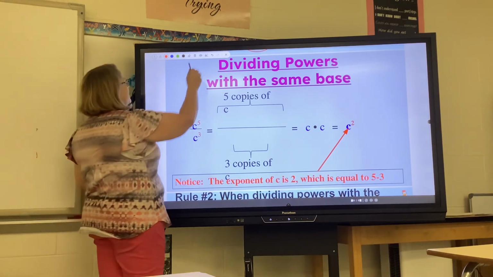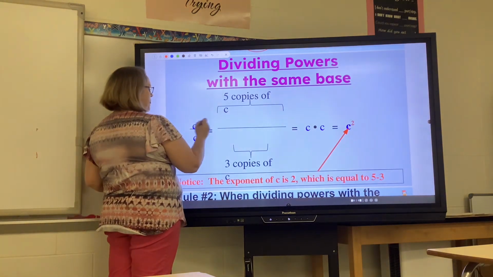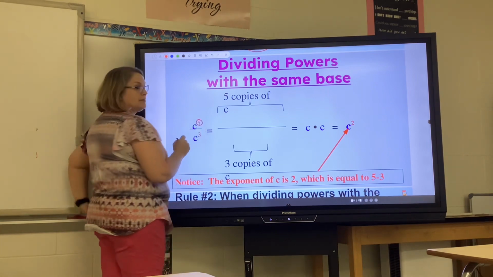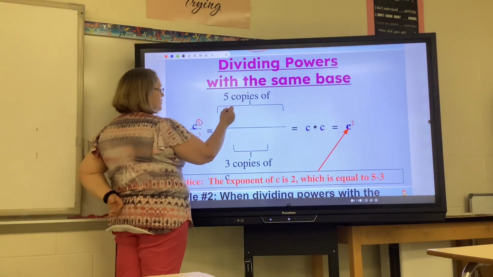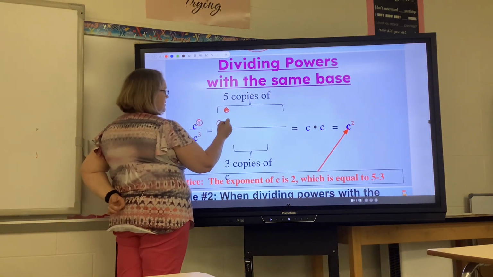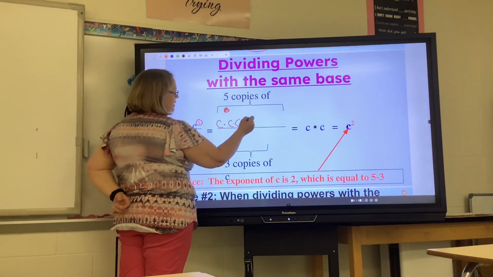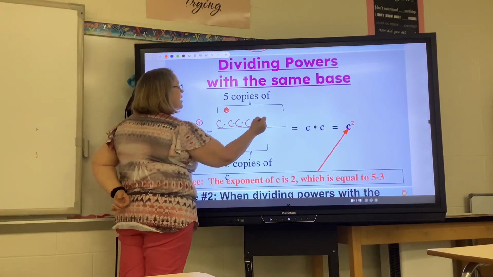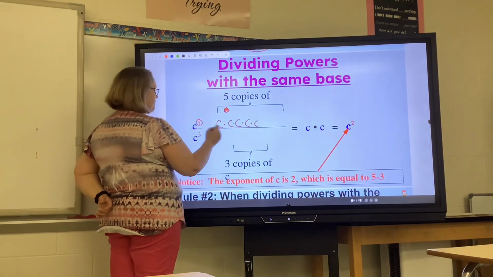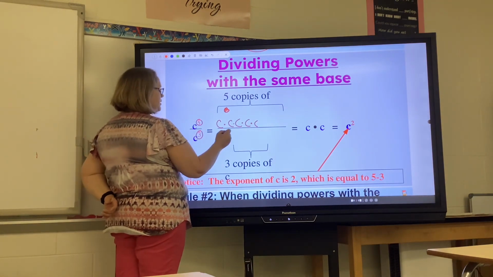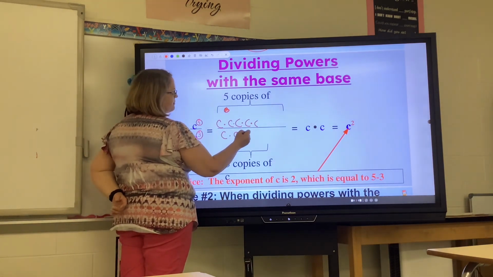And this goes like this. So I have c to the 5th power, which means I'm going to have 5 c's. We're going to ignore this c and say c times c times c times c times c. Okay? And then I have c to the 3rd power, which is going to be c times c times c.